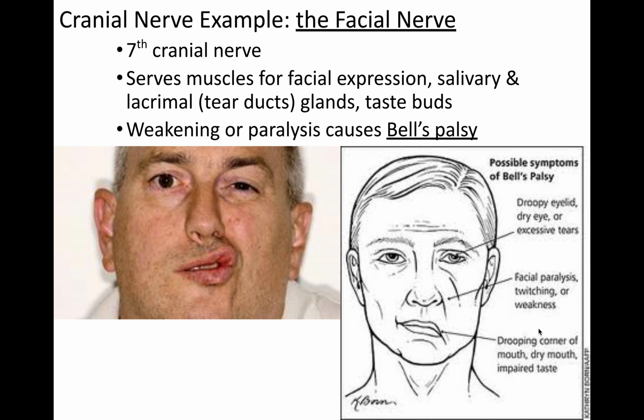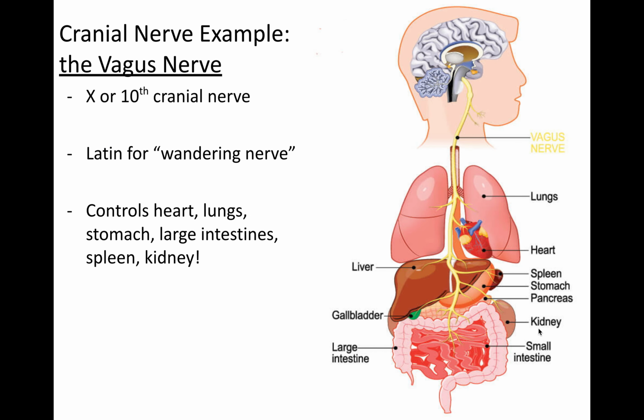Okay? So, anyways, the other nerve I wanted to highlight is the vagus nerve. The reason why I like to highlight this nerve is to note that while most cranial nerves are associated with control of your head, and sometimes a little bit of your neck, this nerve in particular is vagus, or vague, meaning it's very hazy. It goes everywhere.